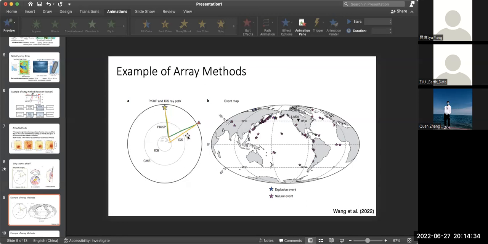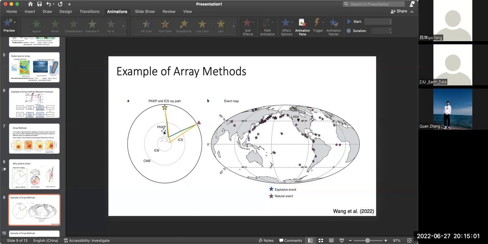So the slowness will be larger than the PK-IKP phase, where P means the P wave in the mantle, and K means the P wave in the outer core. The I means the K phase reflected on the surface of the inner core boundary.